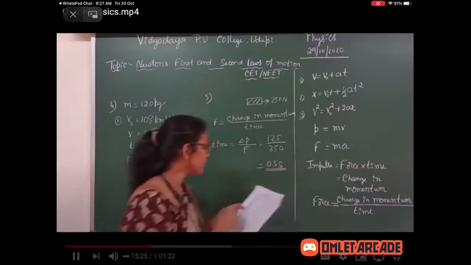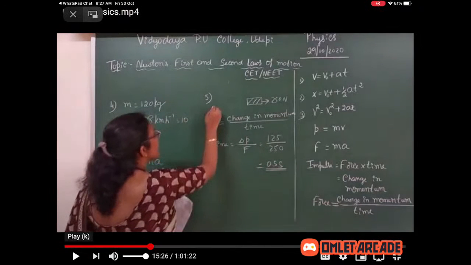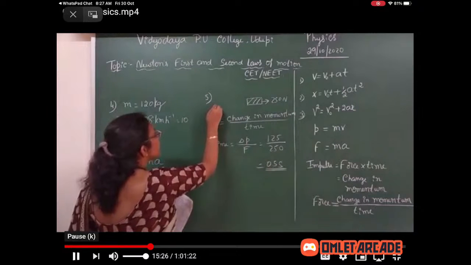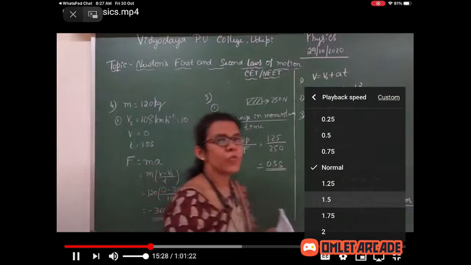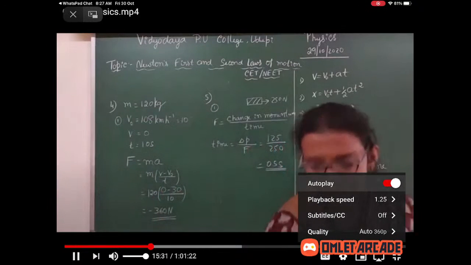So the correct option for question number 5 is the first one, 0.5.